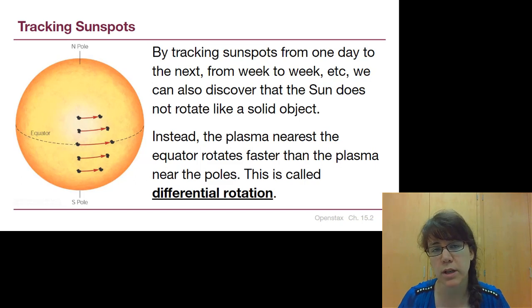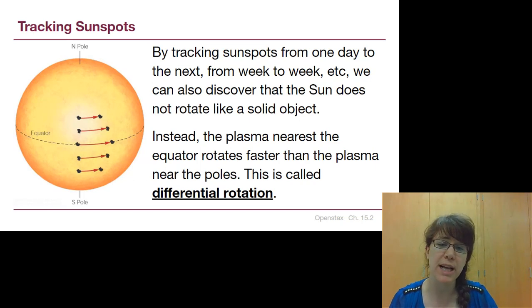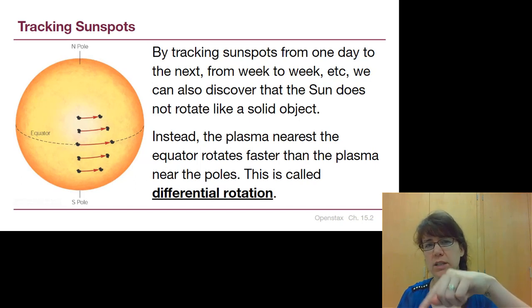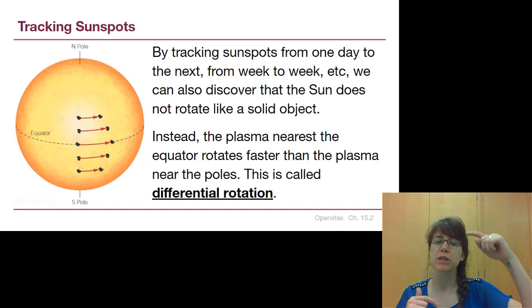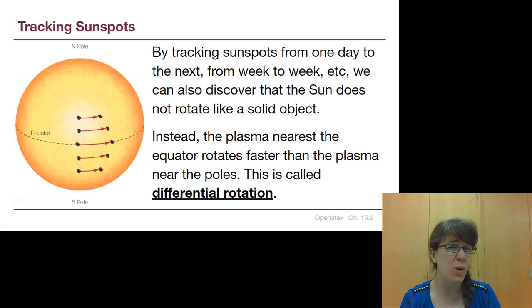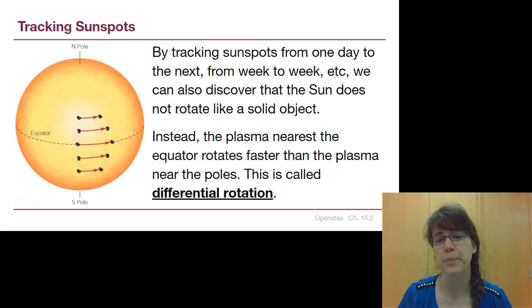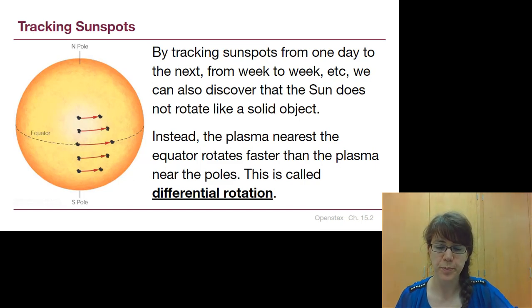The sun, however, doesn't act the same way. Because it's a plasma, it doesn't have to act like a single solid object that rotates, and instead the plasma near the equator goes around faster. It takes maybe 27 days to go around, and the plasma near the poles takes like 31 days or so to go around. This process is called differential rotation, and it is absolutely key for this solar cycle.